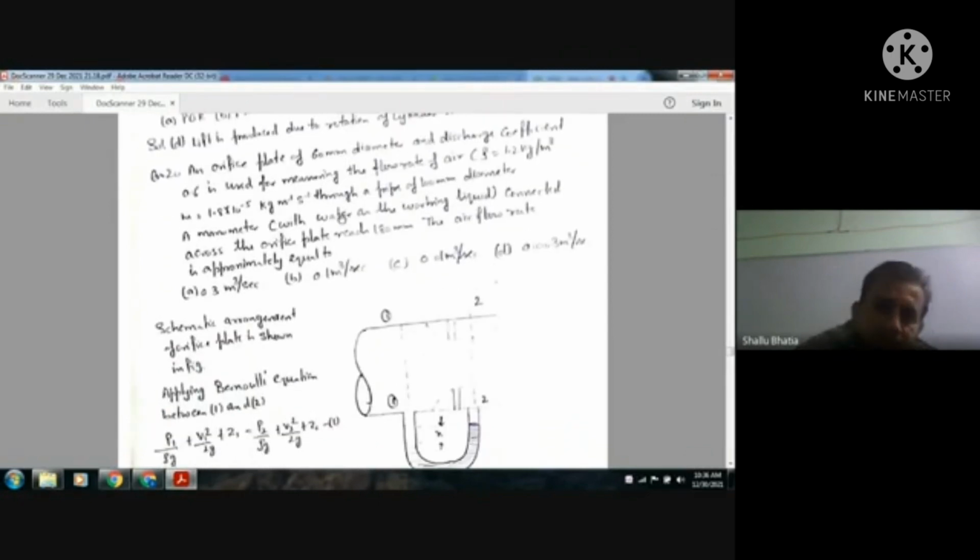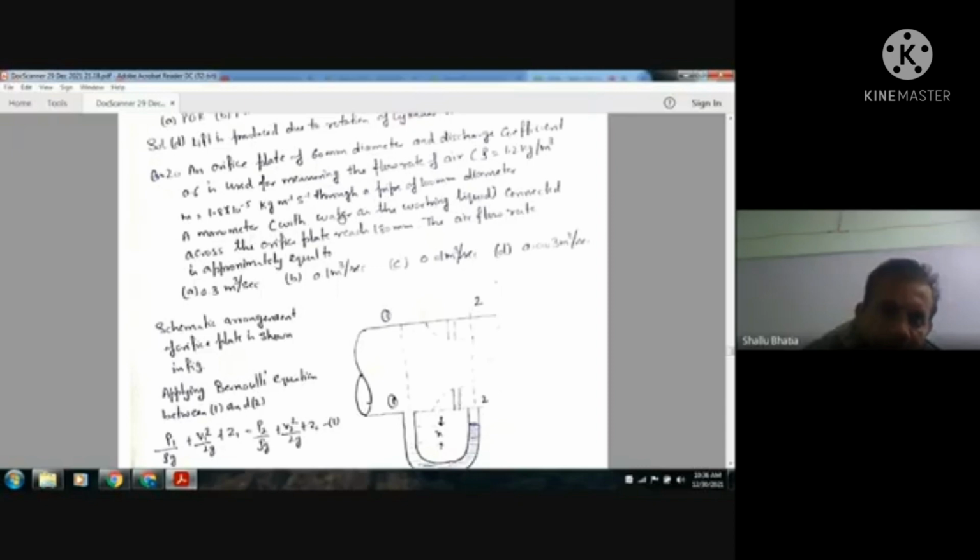An orifice plate of 60 mm diameter and discharge coefficient 0.6 is used for measuring the flow rate of air. Rho is equal to 1.2 kilogram per meter cube. Mu is equal to 1.8 times 10 to the minus 5 kilogram per meter per second, through a pipe of 100 mm diameter.